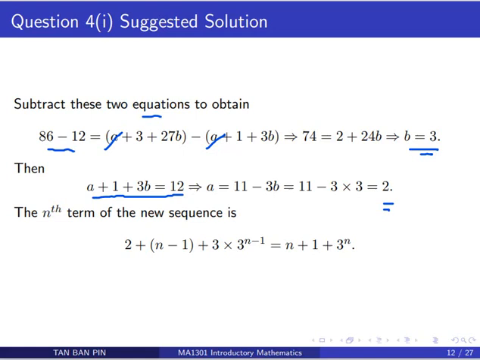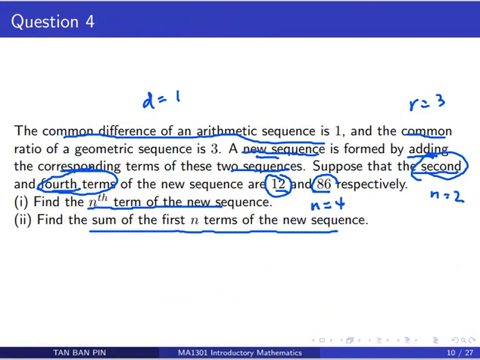So the nth term of the new sequence is 2 plus n minus 1 plus 3 times 3 to the power n minus 1. You can simplify to n plus 1 plus 3 to the power n. With that, we found the answer to the first part, the nth term of the new sequence.